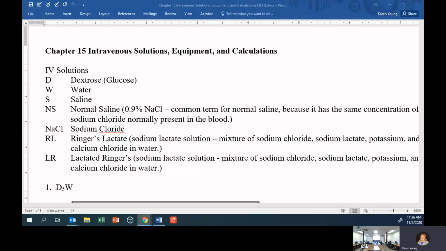Okay, on Canvas, scroll all the way down to, let's see, week 11. There's only week 10, there's no week 11. You don't have week 11? Oh, hang on. Refresh your page. Now you should have week 11.